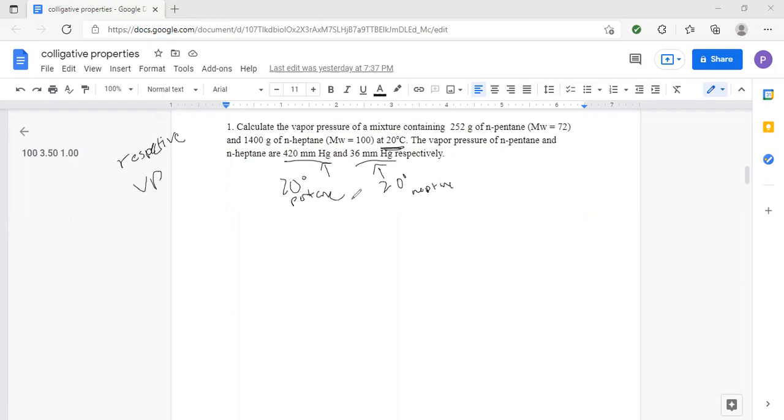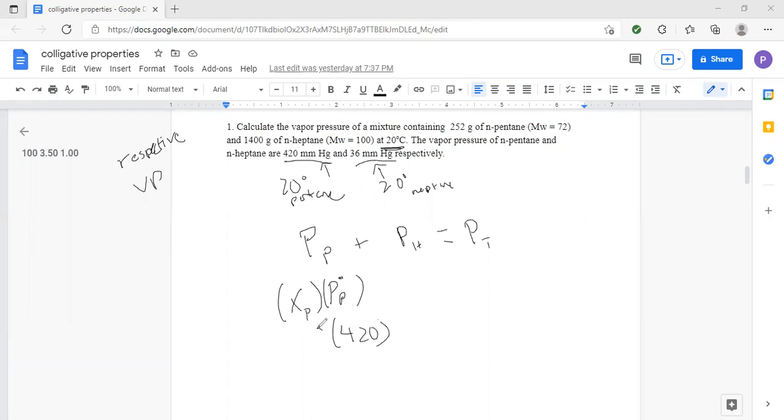So let's go ahead and write our equation. P pentane plus P heptane is going to equal P total, our pressure total. So the partial pressure of pentane is going to be the pure pressure times the mole fraction of pentane. So the pure pressure apparently is 420 at 20 degrees.